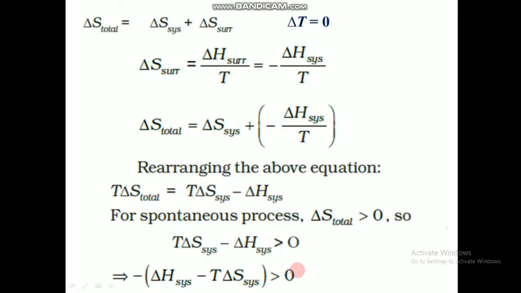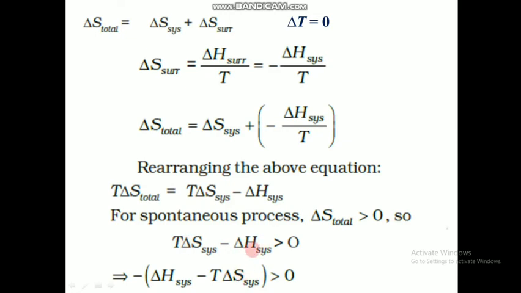So ultimately what we need is the equation of free energy from this equation. That's why we do all these changes. So this term came to this side and we took the negative outside. So hence we got negative of delta H system minus T delta S system greater than 0.